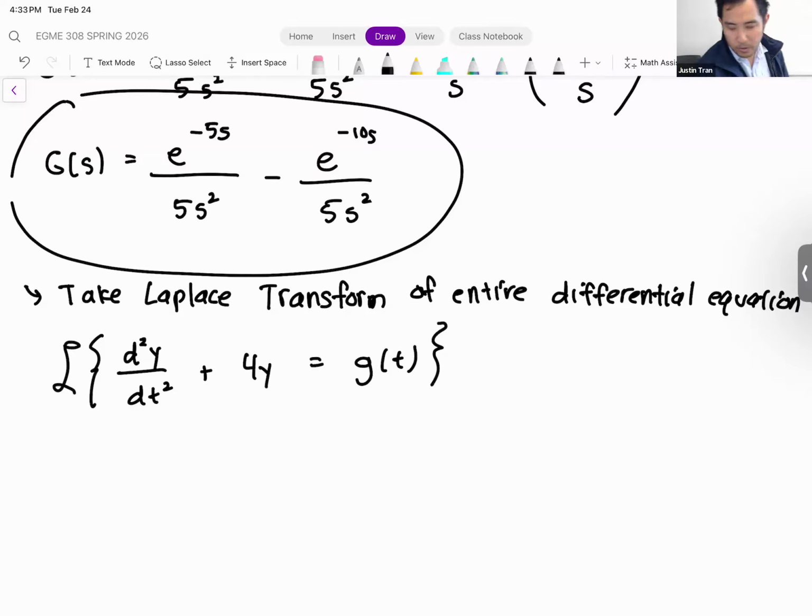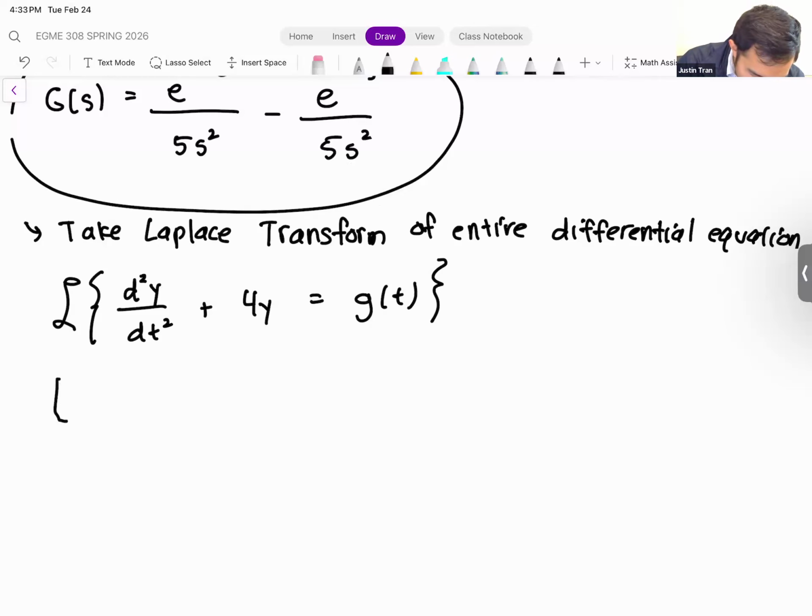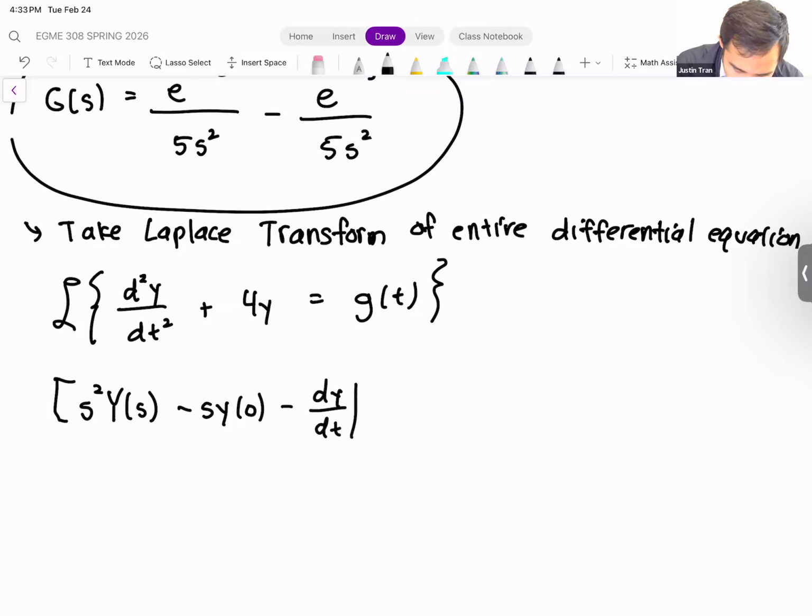We're going to take the Laplace transform of each term individually. First we have the Laplace transform of the second derivative, and that, remember, is s squared big Y of s minus s little y of 0 minus dy/dt at t equal to 0. Everything in the square brackets is the Laplace transform of the second derivative.